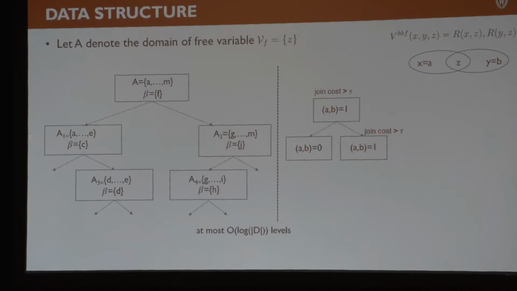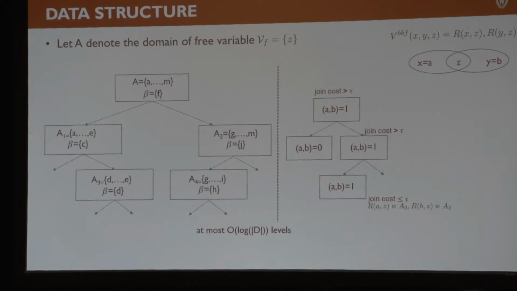On the right hand side, I will again store this information. I know that there is some valid valuation for Z in A2, and the join cost is greater than tau, so I store these pieces of information, and I keep on doing this. At some point, I will reach a node, in this example A4, where the join cost becomes smaller than tau.